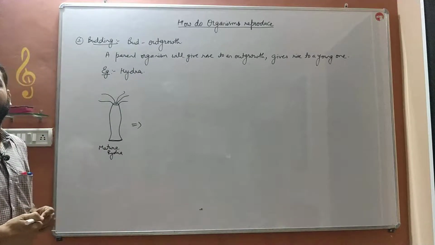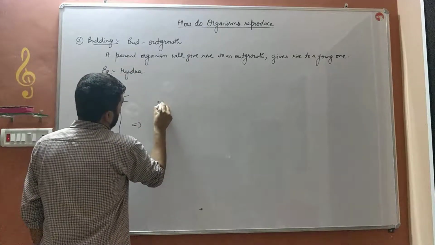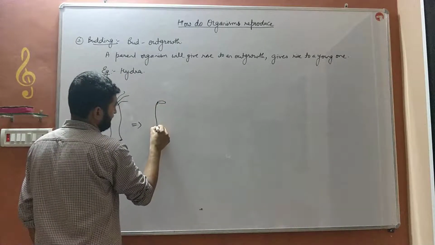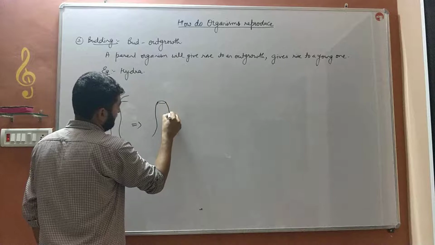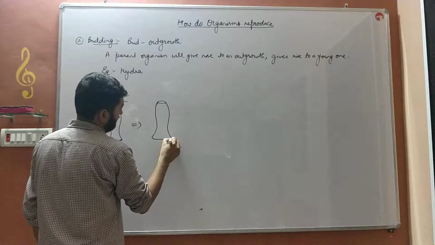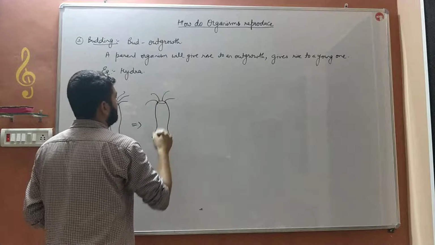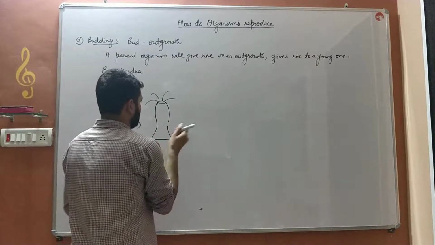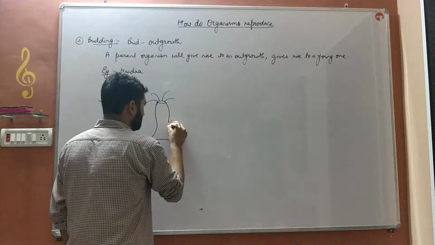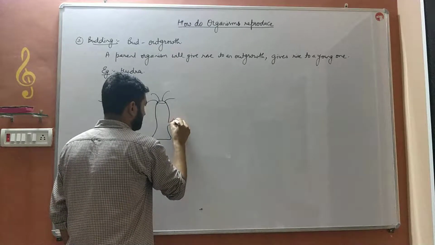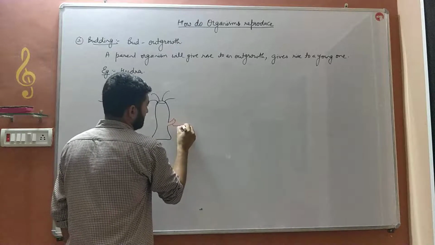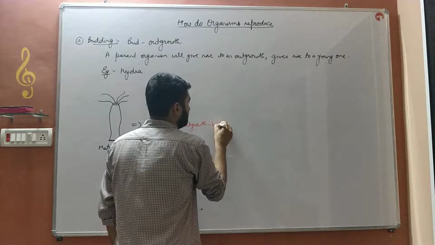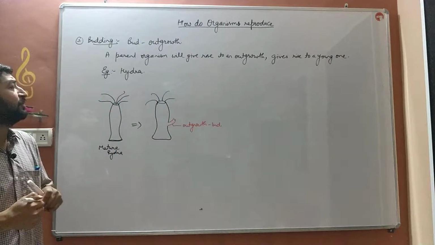So, after a particular age, an outgrowth is generated from the hydra. That outgrowth can be generated from any part, like this much. This is the outgrowth, and that is known as a bud. So that's how the reproduction takes place.